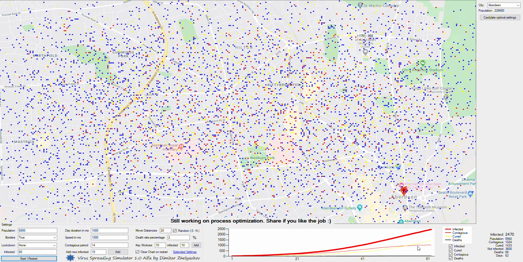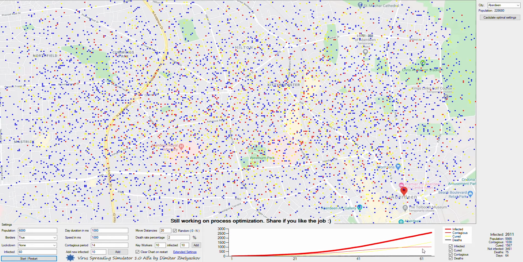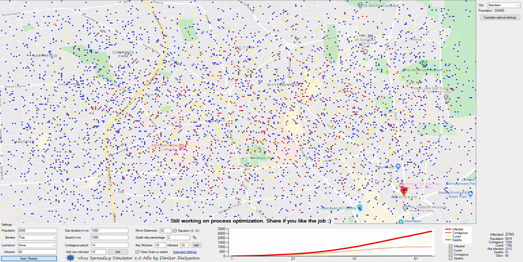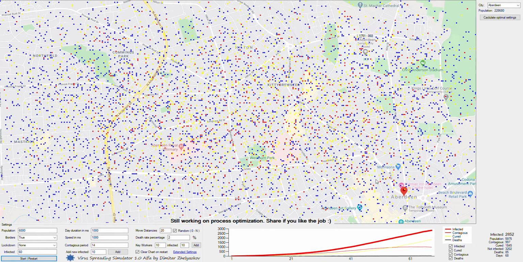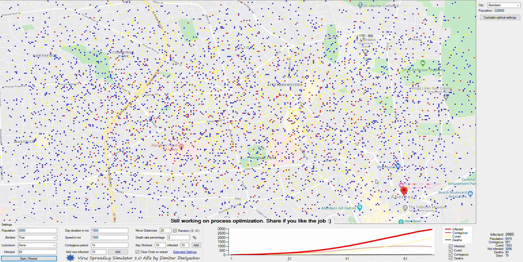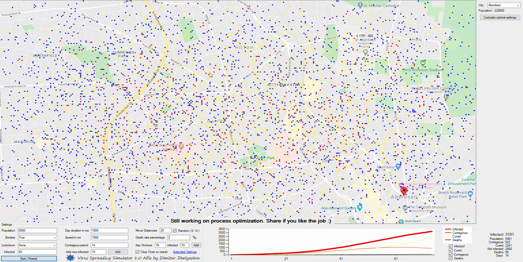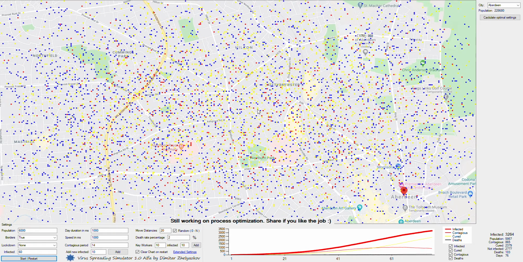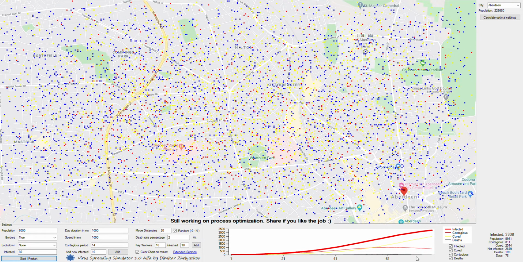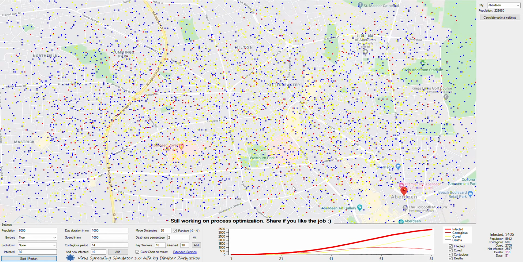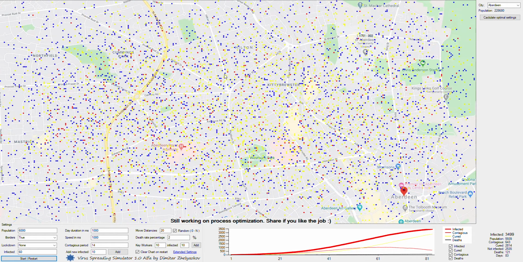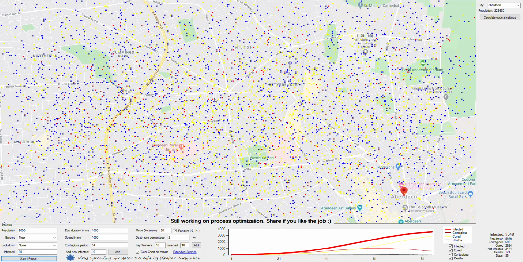So the peak is somewhere around the 60th day. The program will continue working until the contagious people disappear, which means the virus is already gone.